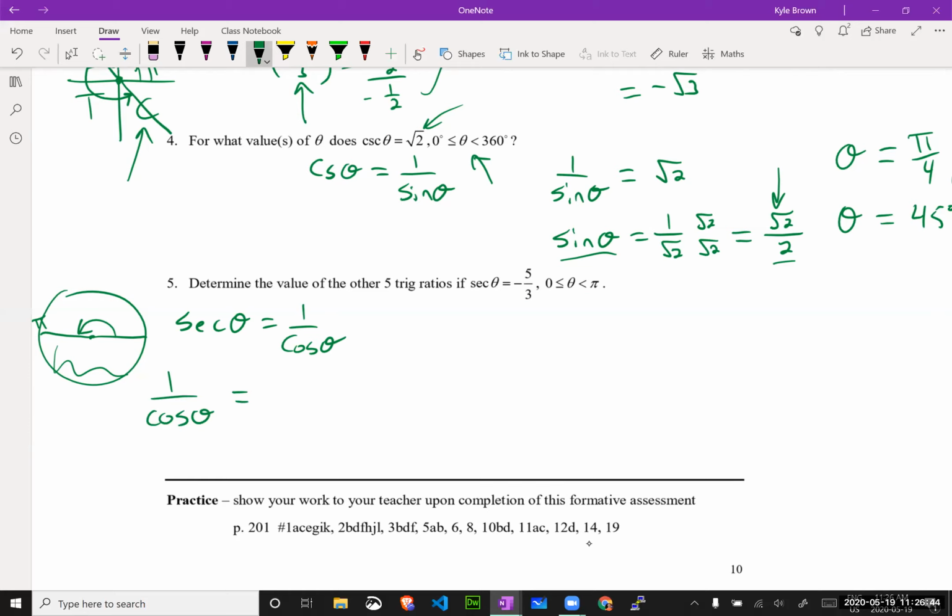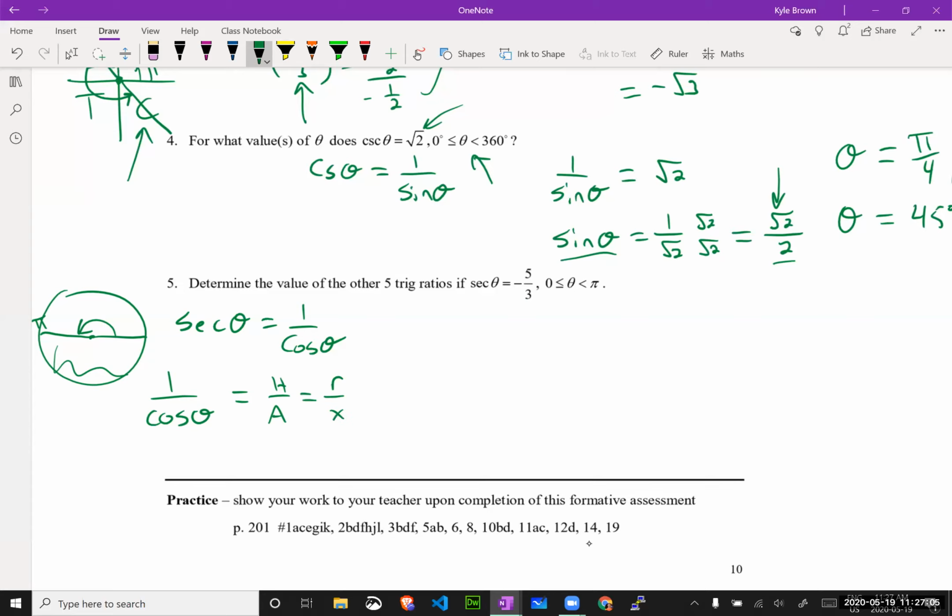Cos theta, remember, would end up being your adjacent over your hypotenuse, right? So in this case, this is going to be your hypotenuse over your adjacent. Okay, just flipping them around, right? Because it's just backwards there. So that'd be the same thing as just saying r over x.